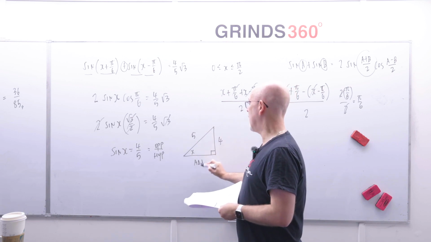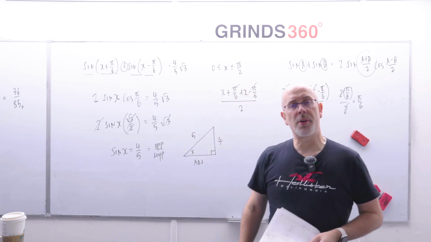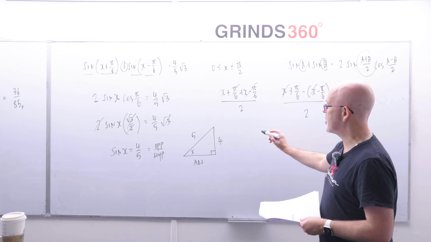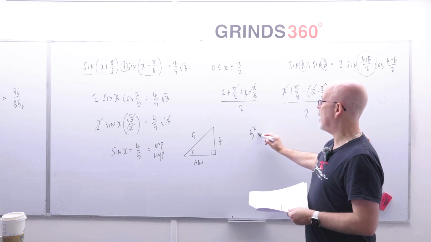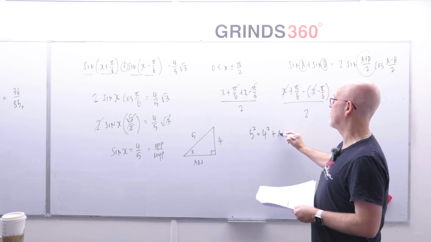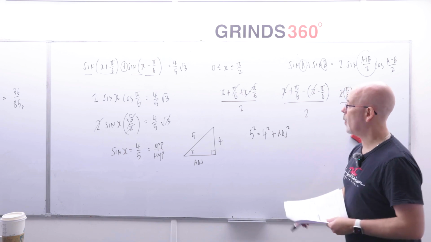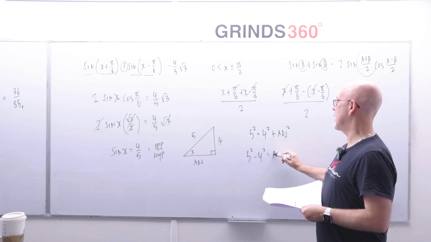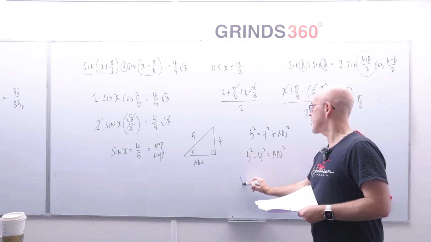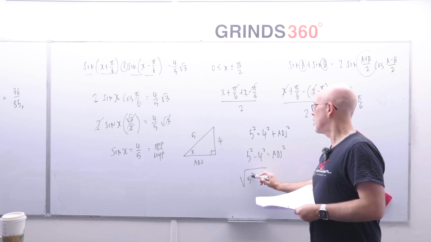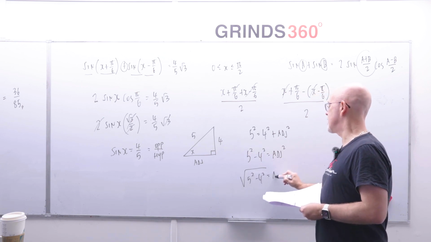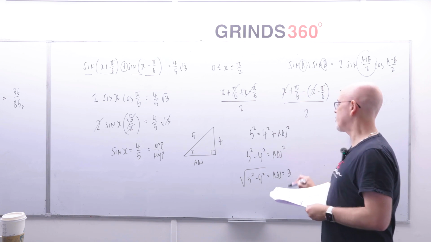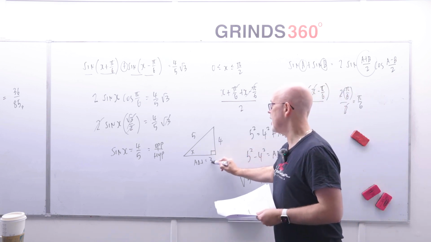The side we don't know is the adjacent, so I can find it using Pythagoras' theorem. 5 squared equals 4 squared plus the adjacent squared, so the adjacent is the square root of 5 squared minus 4 squared, and that's equal to 3.